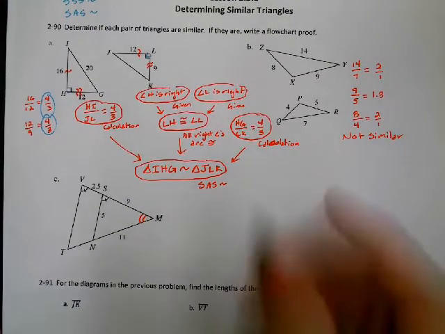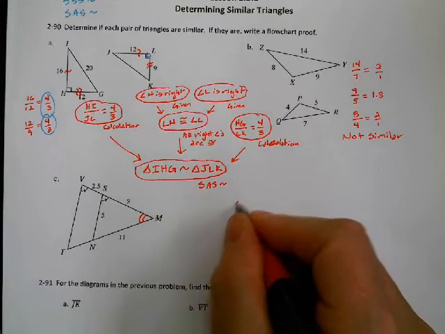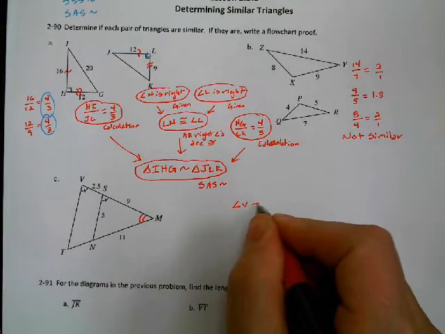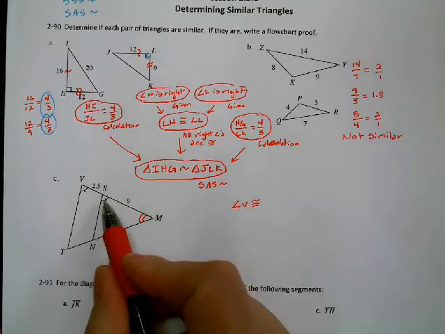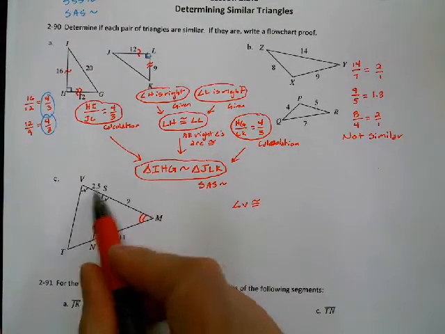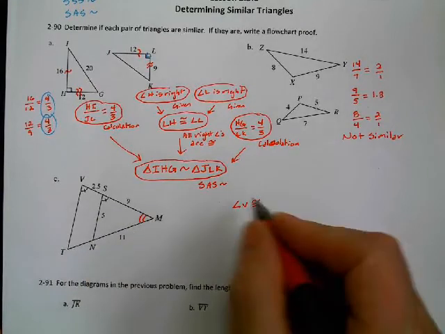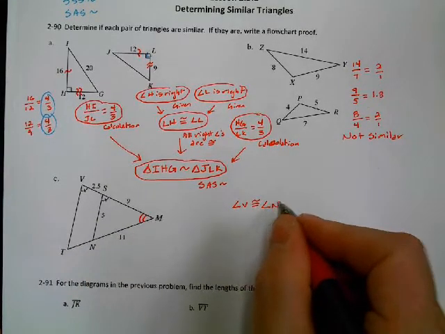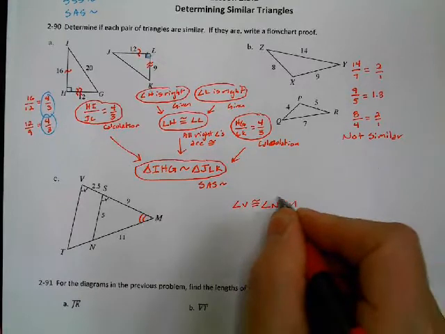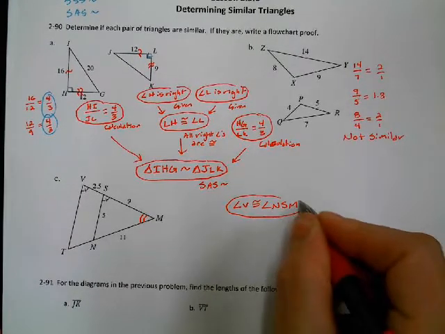So first, I'm going to say that angle V is congruent to this angle. I can't call it angle S because there are multiple angles there, so I'm going to call it NSM. All right, there's my first statement, and that was given to me.